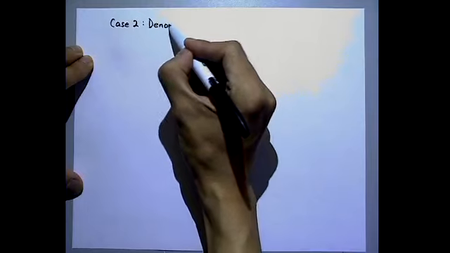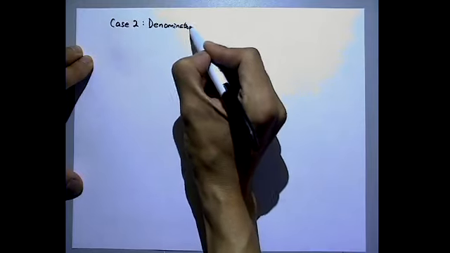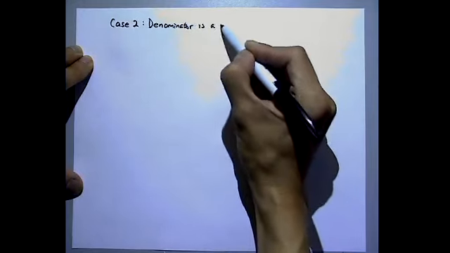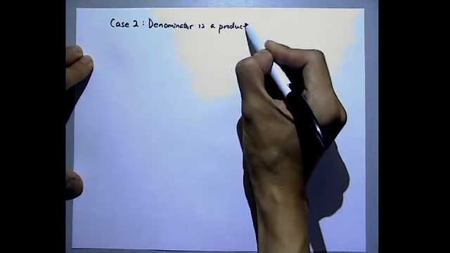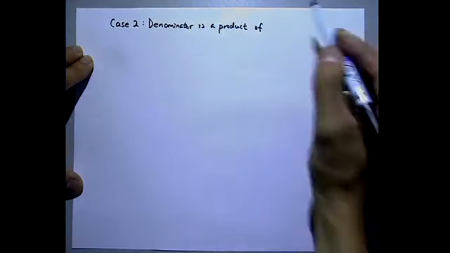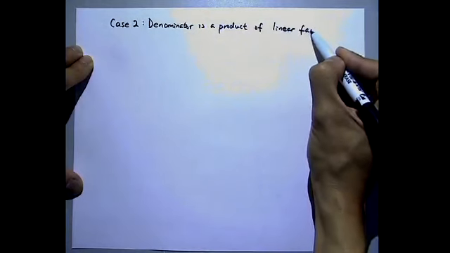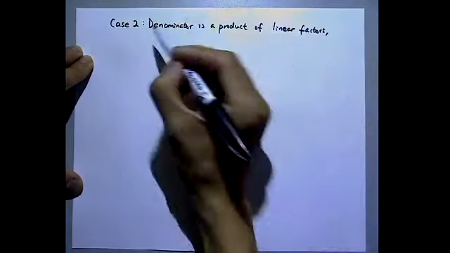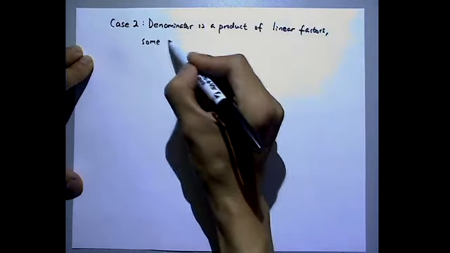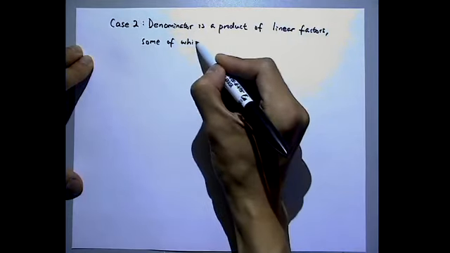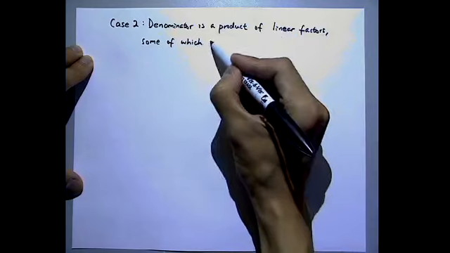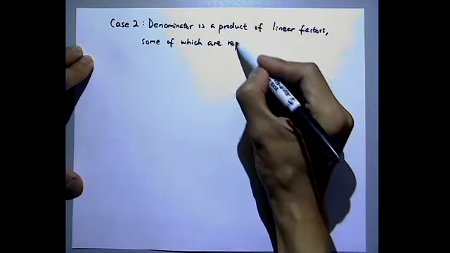So case 2 is the denominator is a product of linear factors again. But this time, some of which are repeated.